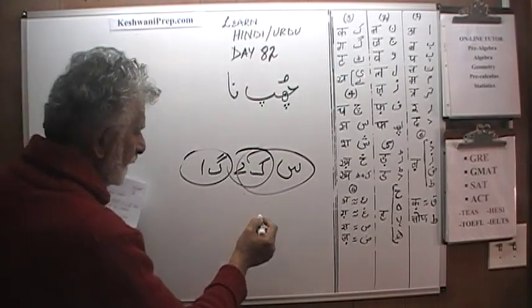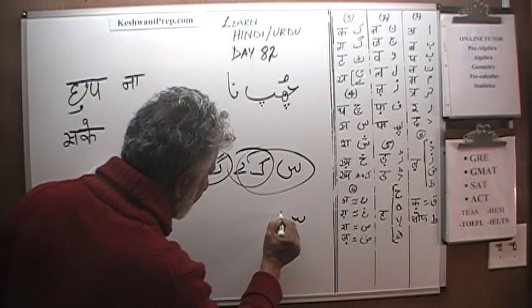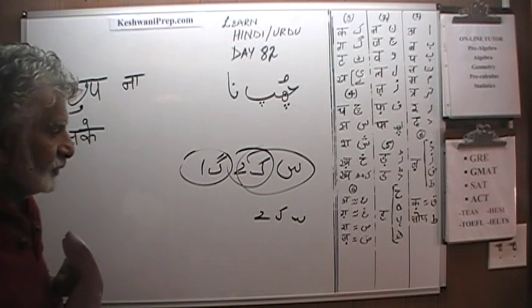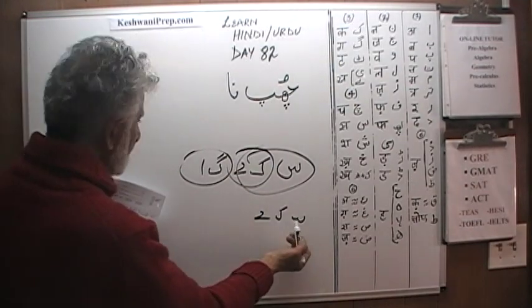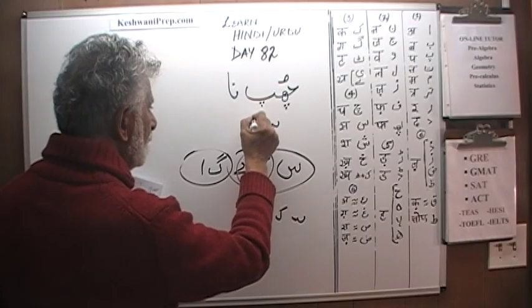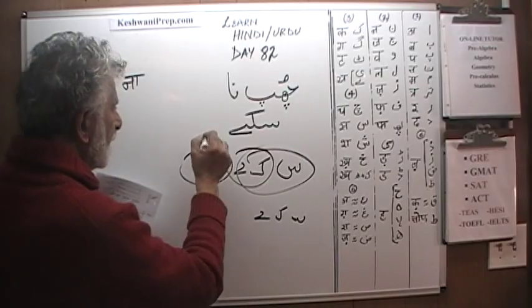Let's put them together. So we have a sa. It looks just like that. Then ka is going to join, and this is going to remain by itself because this comes at the very end. When we put them together, it looks like this. Then we make one more loop to join the ka. There we go. Sake and then ga.